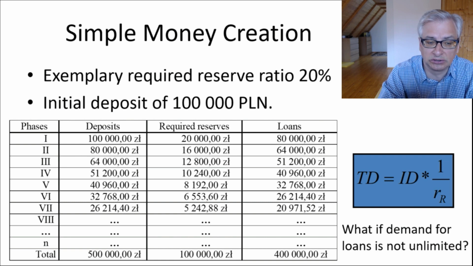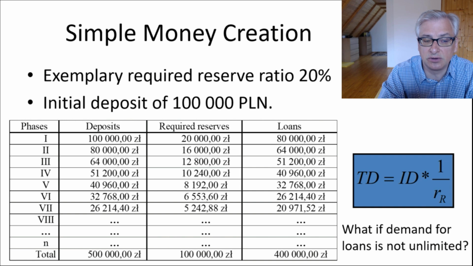So if the total deposits are 500,000, required reserves are 100,000, and loans would be 400,000. And this is how much loans can be given. As you can see from the initial deposit of 100,000 zloty, we are able to make loans of 400,000.